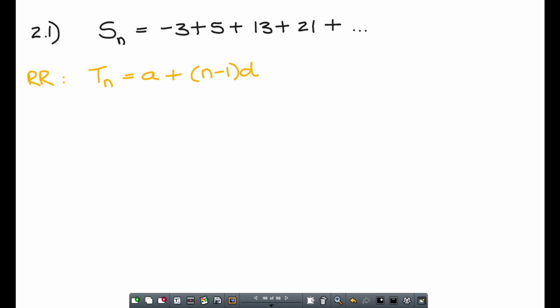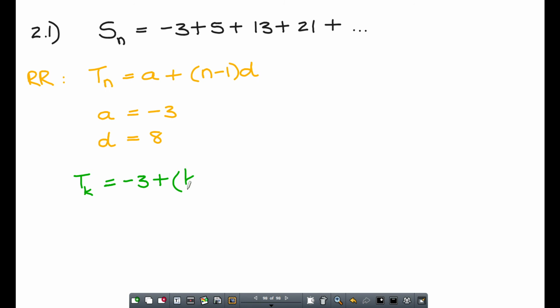Right, so what do we need here? We need a and we need d. Goed, wat is a? A is my eerste term en dit word my gegee as minus 3. D, we just worked out, dit was elke keer gewees 8. Nee, goed, so as ek hom nou gou daar gaan instel, dan gaan ek hê term k, because that's how they want it, is equal to a was minus 3 plus, en nou kan ek nie sê n minus 1 nie, maar ek wil net gou sien, so ek gaan nou sê k minus 1, nee?